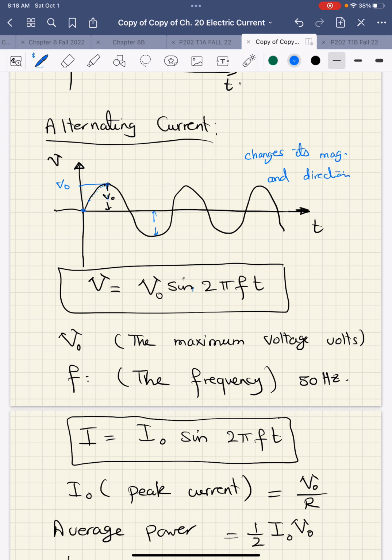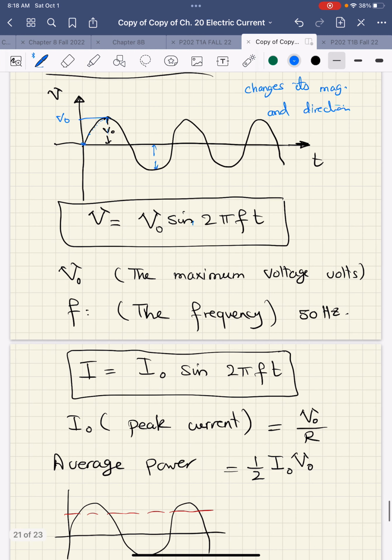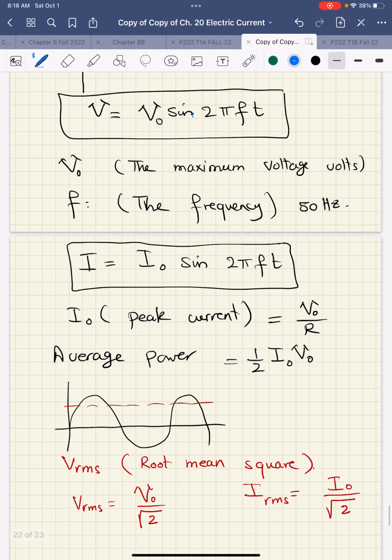That frequency is in hertz, and usually here in the United States we have 60 hertz. Also, we have the same dependence for the current, I equals I0 sine 2 pi f t, for resistors, and therefore I0 is the peak current, which is V0 over R.